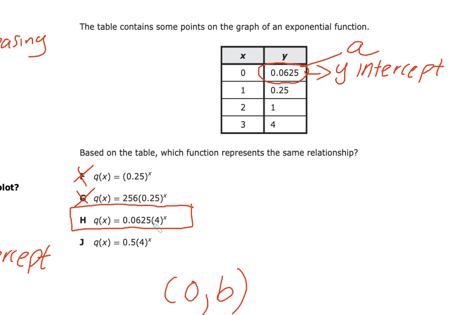So to figure out your growth factor, you can basically look to see whether your graph is increasing or decreasing. And to find your A, which is pretty simple, you're just looking for your y-intercept. And remember, in a table, you're looking for a 0 in the x position and then a value for y. If you see that, there is your y-intercept.